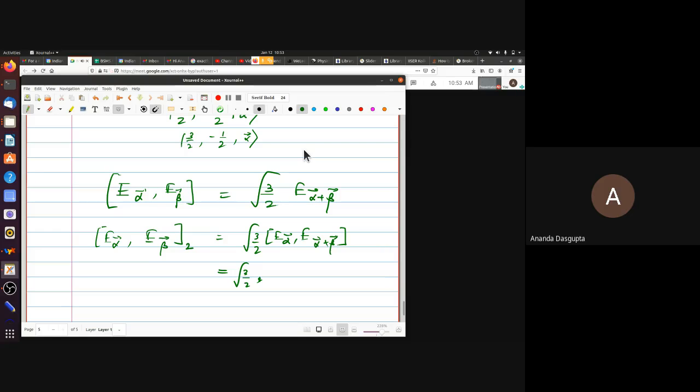So what will you get? E2 alpha plus beta with an additional factor. Of course, the question is what is the additional factor? Simple, just think of SU(2). That's what you're doing. You get root 3 by 2 the first time.